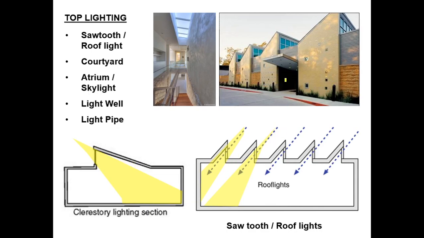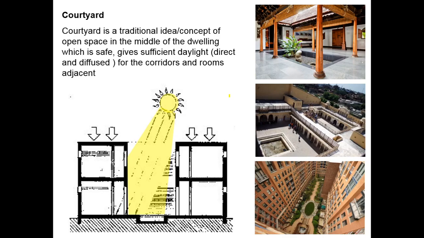Again, we have roof lights, which are something like a factory light, where the factory needs a lot of light. If there is a lot of machinery, we try to provide windows on the top portions. The courtyard is a very interesting traditional concept, an open space in the middle of the dwelling.